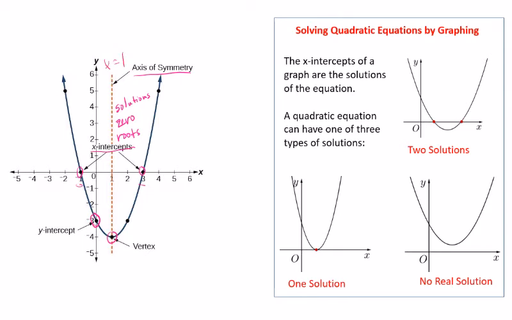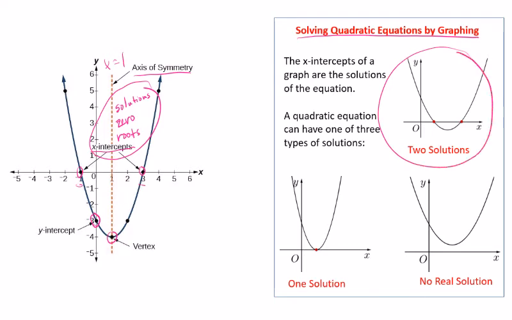So all those things are specific to this particular parabola, but we know that it could be facing up like it is. It could be facing down. It could be shifted over to the left or the right with some transformations. It could be stretched or compressed, different things like that, right? And so when we're looking for zeros, solutions, roots, x-intercepts, there are different scenarios, right? And so visually, there are a few things that could happen.